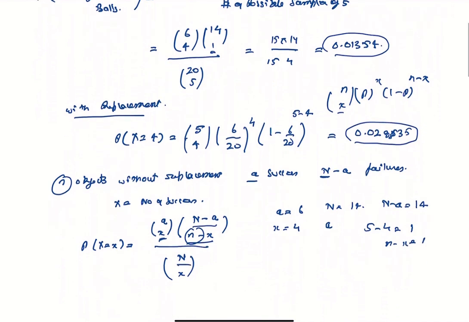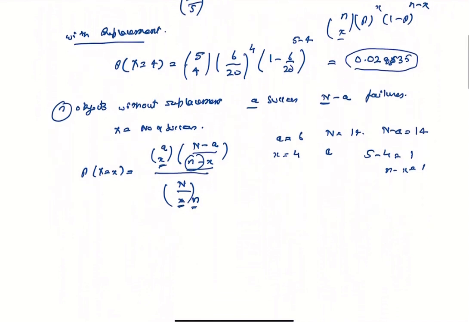And the bottom is going to be N choose n, not N choose x. Small n is the sample you are taking, the n objects you are picking up. So the hypergeometric distribution formula is p of x equal to a choose x times N minus a choose n minus x, divided by N choose n.